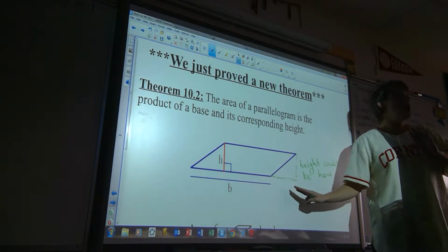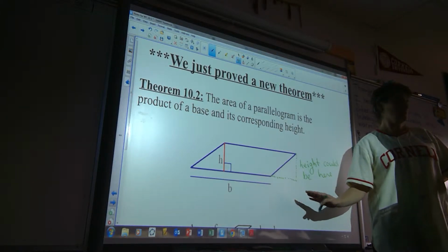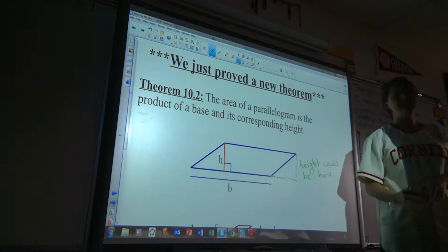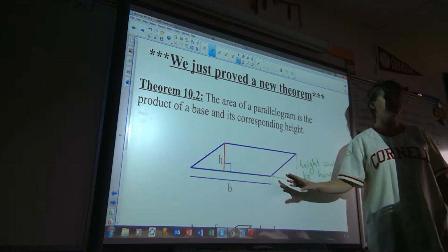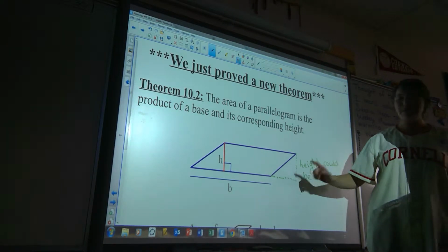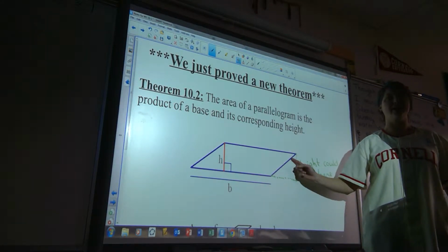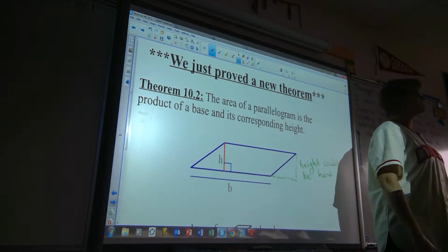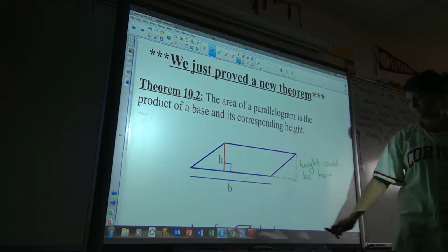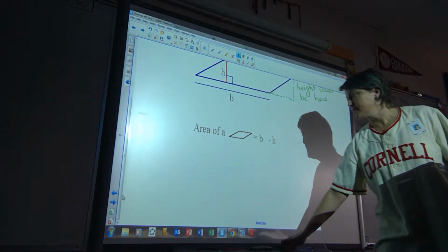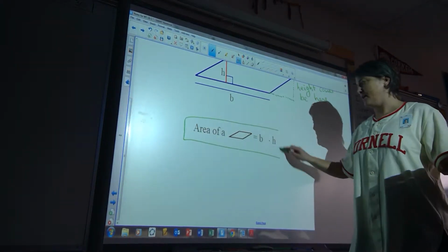That is not a part of the base. Okay, the base is only the original base of the parallelogram. This is an auxiliary line that's just kind of coming out to the height. But you'll see those because sometimes this right triangle might be a special right triangle, like a 3, 4, 5, or something like that. All right, so there we go, same formula.